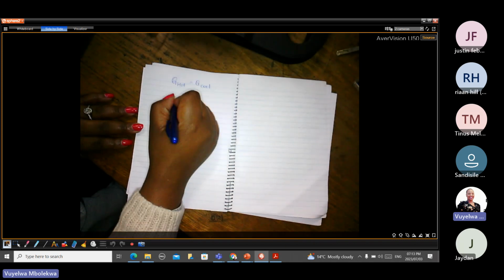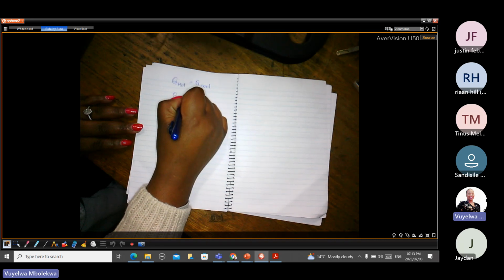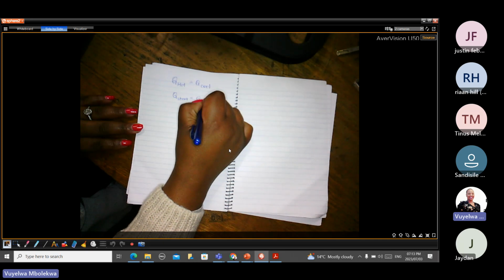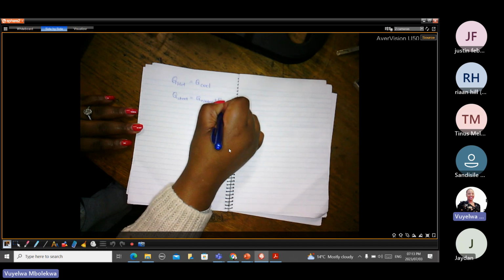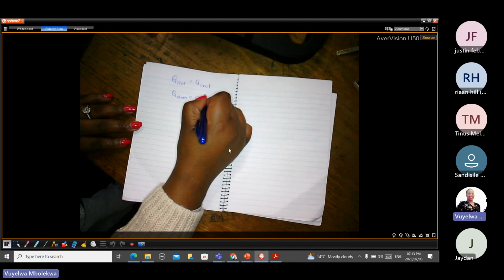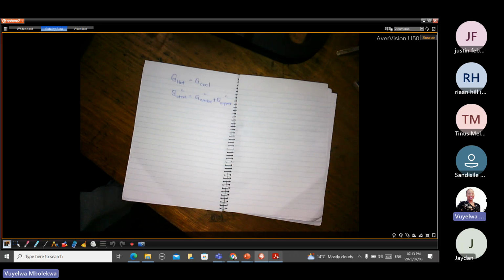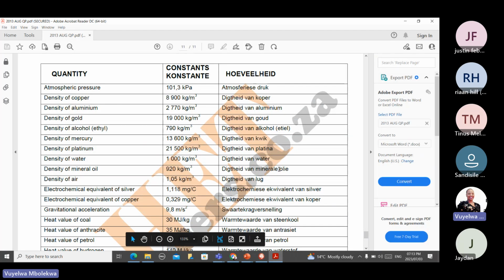So that formula would then be, let me make an example: the heat released by the steel will be equal to the heat absorbed by the water plus the heat absorbed by the copper container. Where you will use the specific heat capacity of water, the specific heat capacity of copper, and the specific heat capacity of steel.